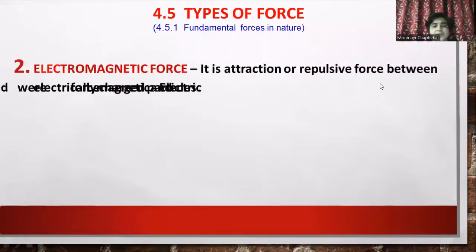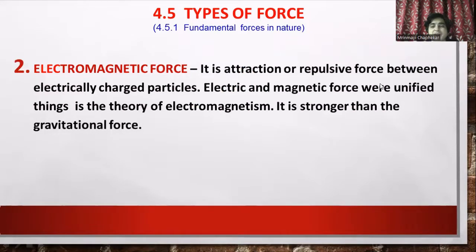The second type of force is electromagnetic force. It is an attraction or repulsion force between electrically charged particles. It is stronger than gravitational force. Electric and magnetic forces were unified in the theory of electromagnetism. Life is practically governed by these forces: the force of friction, then elastic forces, viscous forces.